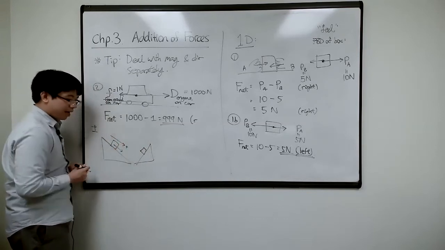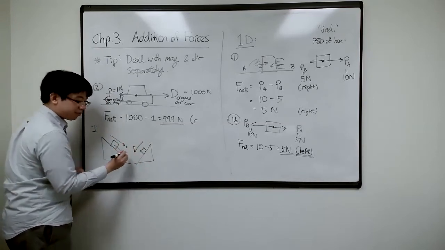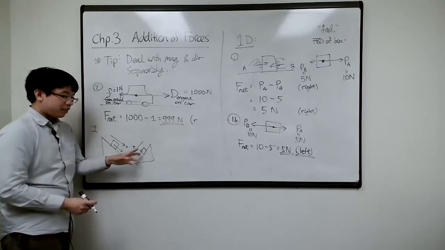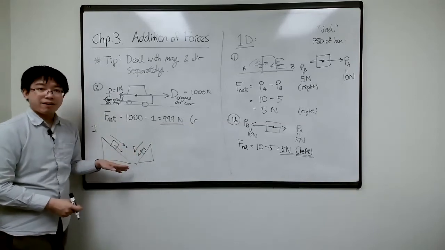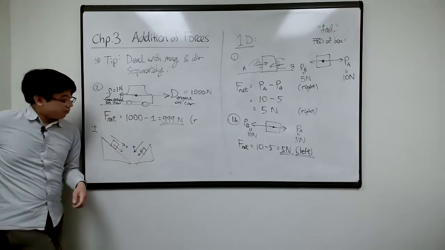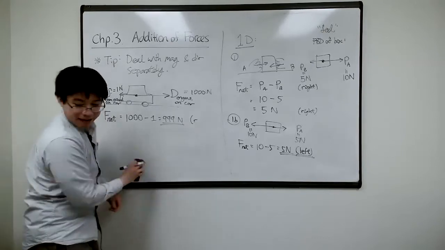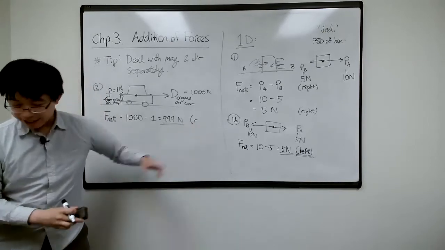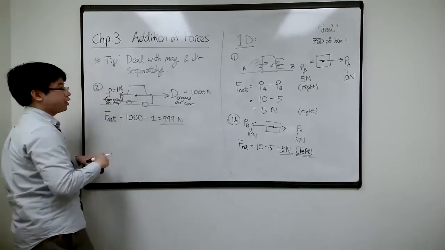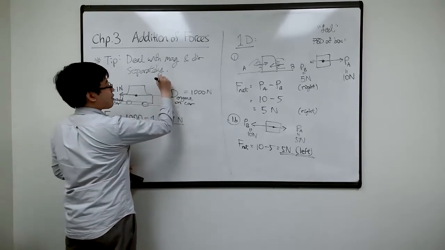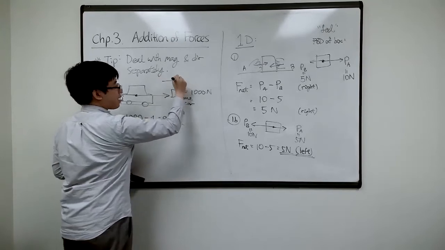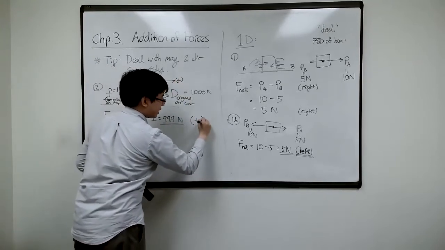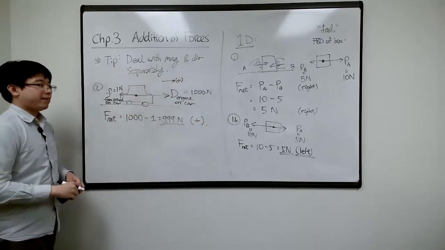So I'm defining this way as positive. For example, you could define this way as positive. And then in this case, the box will be sliding in the positive direction, for example, right? I have in my notes just written that down as right, but just as an example for you, if I define this way as my positive direction, then I can say this is in the positive direction. That is also completely fine, okay?